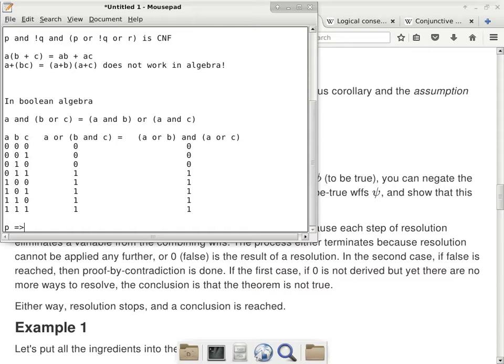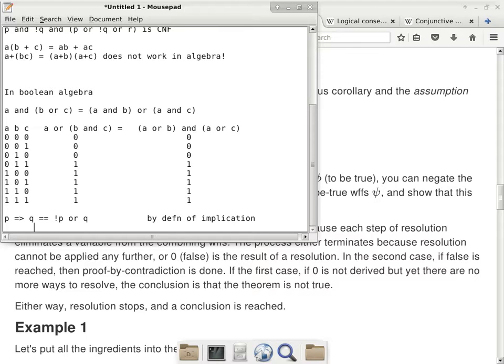So we start off with P implies Q. P implies Q is saying the same thing as not P or Q. That's by definition, the definition of implication. What can we do about this?